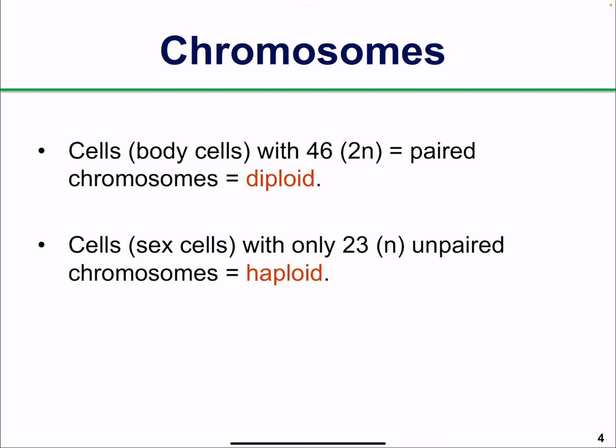Now, as we consider the cells in our body, we have two major kinds of cells based on the amount of genetic information these cells will have. We have what we call somatic cells, okay?